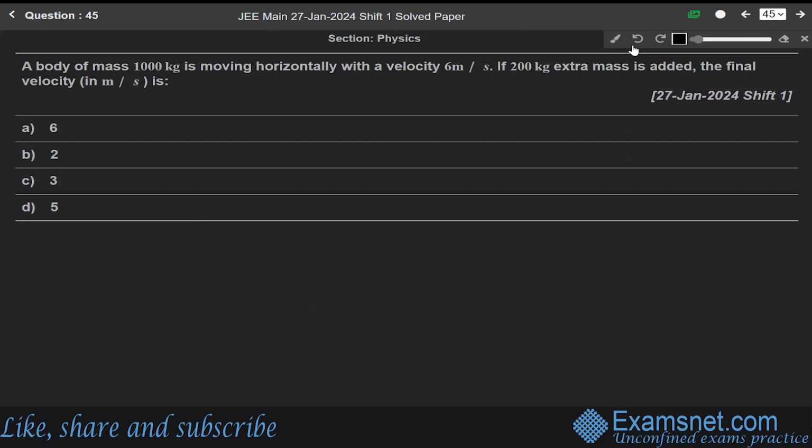Now, next question, question 45. According to this question, a body of mass 1000 kg is moving horizontally with a velocity of 6 meter per second. If 200 kg extra mass is added, the final velocity is? This is from the chapter of kinematics. This is a very simple question, just to apply the momentum formula.